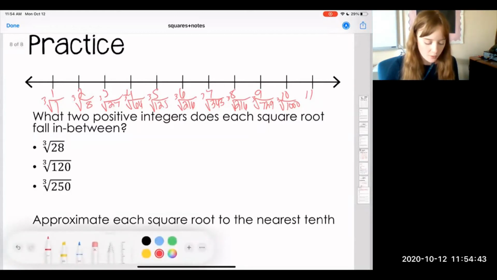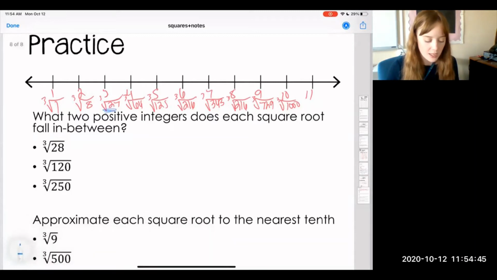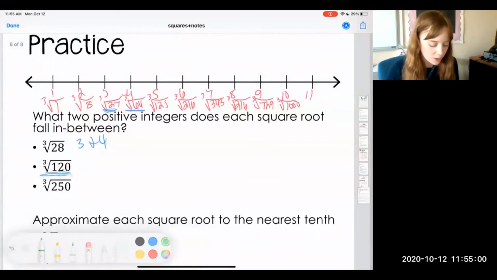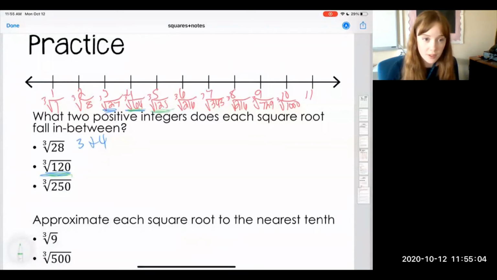Well, the first one falls in between 27 and 64. So that means it falls in between 3 and 4. We don't have to say the decimal because it just asks what two numbers. The next one is 120, which falls in between 64 and 125. So it falls in between 4 and 5.